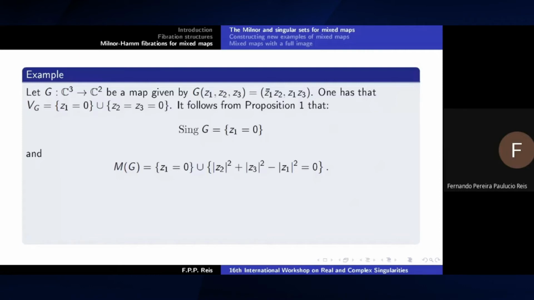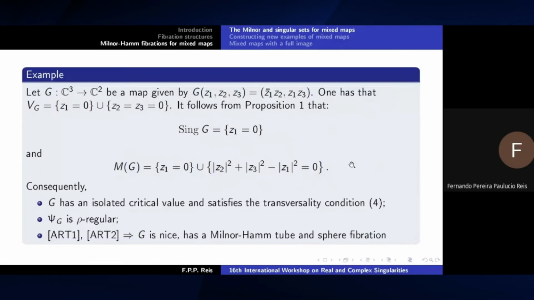It follows from Proposition 1 that the singular set is given by z1 equals 0, and the Milnor set of G is equal to z1 union this condition. Consequently, G has an isolated critical value and satisfies the transversality condition, PCJ is rho-regular, and from RT1 and RT2 we have that G is nice and has a Milnor tube and sphere fibration.